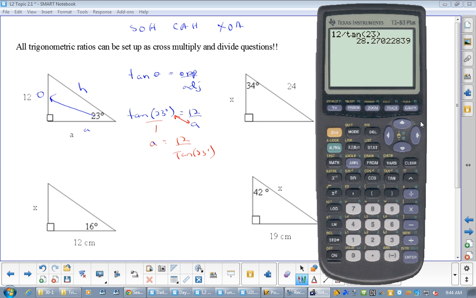Clear is the basic thing. Mine doesn't do clear. If I hit clear, I have to hit second quit.